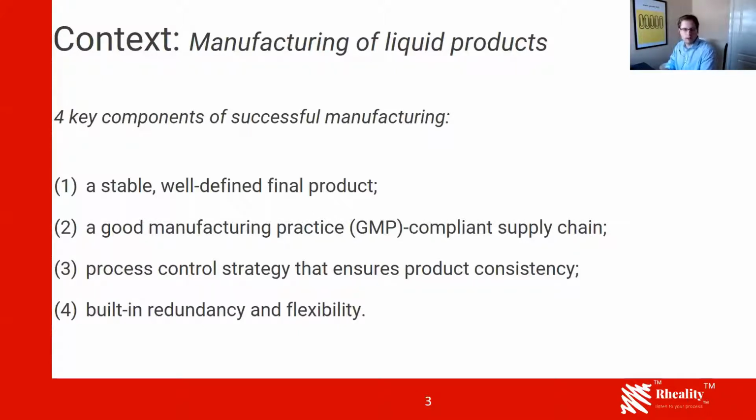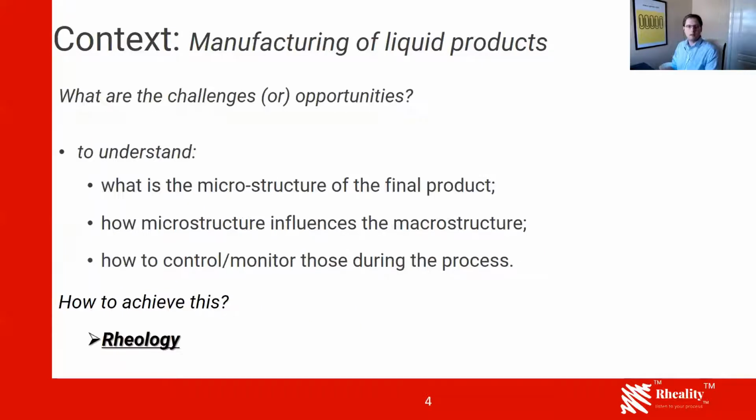We want to have a stable and well-defined final product. We want to apply, obviously, good manufacturing practice, and we want to be compliant with all of our supply chain. And process control strategies that ensure product consistency and build in redundancies and flexibility. And I think that applies no matter what industry you're working in.